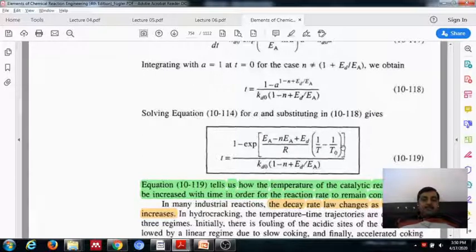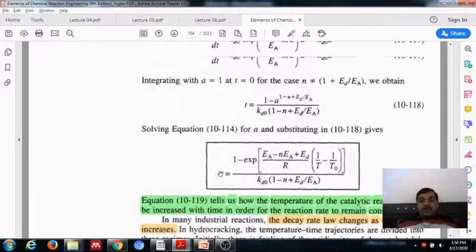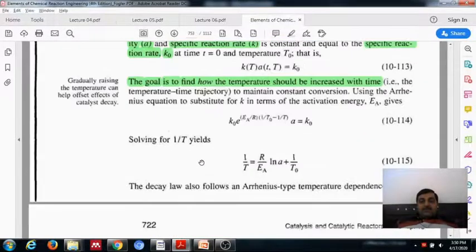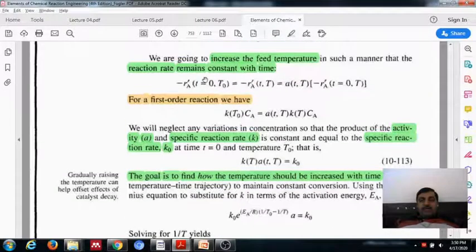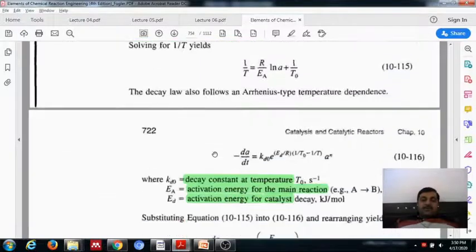So putting all these things in place, for any rise in temperature, you will know the time at which it has to be increased, under the case where you want the rate at elevated temperature to be the rate at initial temperature for a first order reaction.